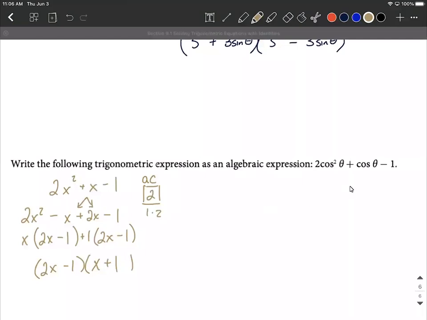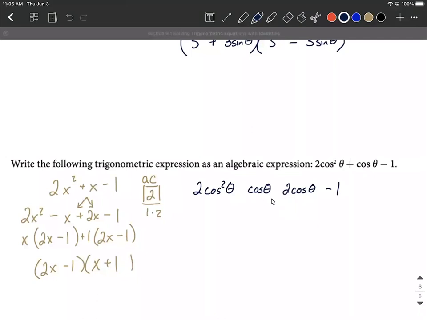Now it could be very similar over here on the right-hand side with cosines. We could say 2 cosine squared of theta. And then using this exact same AC, we can split up our middle term, that 1 cosine of theta. You can say we can make that minus 1 cosine of theta and 2 cosines of theta, and then bring down that minus 1, that last term.